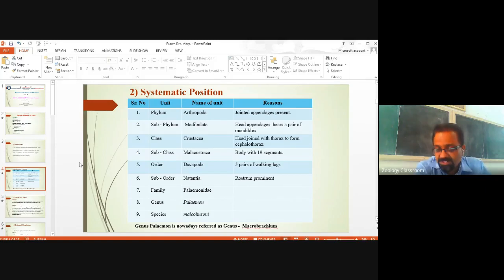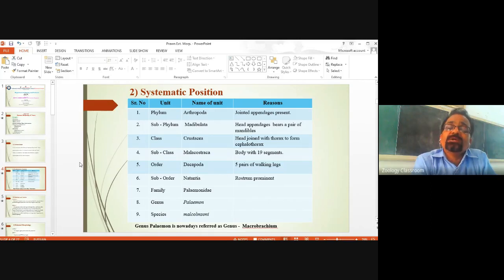How this body is divided into 19 segments, what these regions are called, and how each and every segment bears an appendage, we are going to study in detail while studying the external morphology. So it belongs to order Decapoda. Now Deca means 10, Poda means legs. Deca means 10 legs, meaning 5 pairs of walking legs are present.